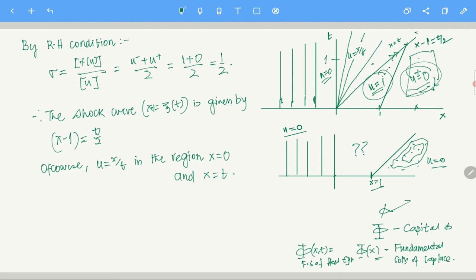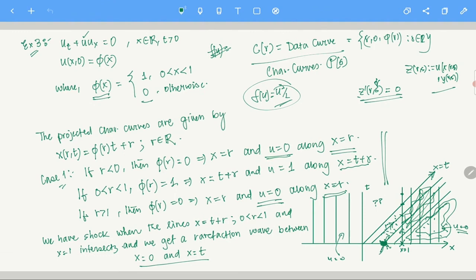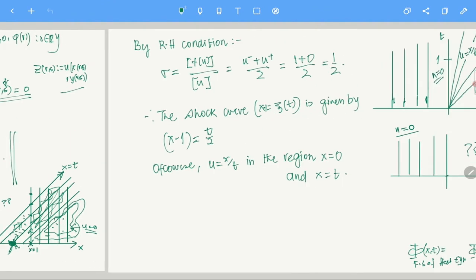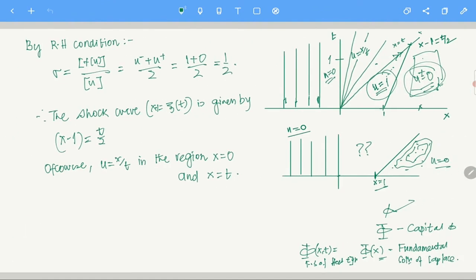Now my new shock curve is this. Here it was intersecting, there was a problem, so we constructed a new shock curve along which one side is 0 and one side is 1. Now this x equals t intersects somewhere, right?